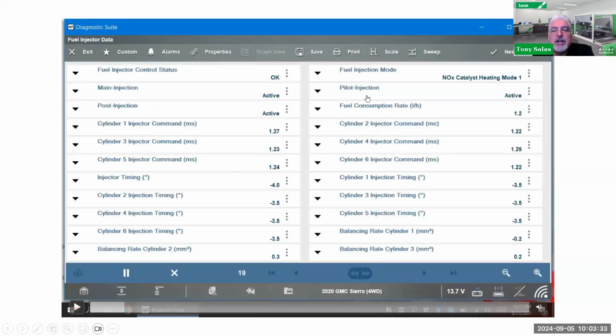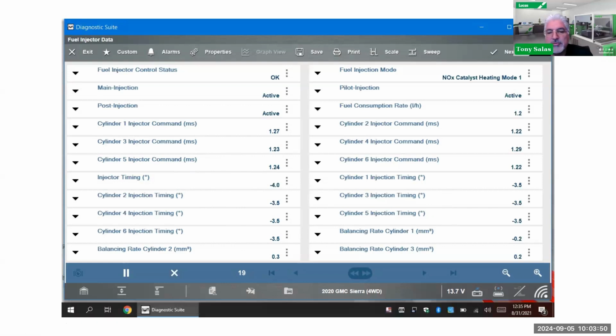Okay, what you're looking at right here is your injector commands, and there's your timing, right? Now, what I've learned so far by looking at timing is I noticed just by looking at this truck right off the bat, are they pretty damn close to each other? The answer is yes.